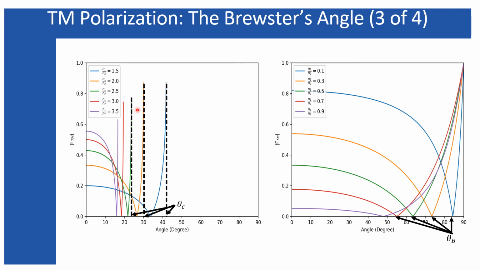Based on our equations, it cannot produce the result, because this plot I have shown is considering only the real data, and for total internal reflection the equation produces imaginary data, so the imaginary plot is not available over here. So these angles are the theta c, or the critical angle.